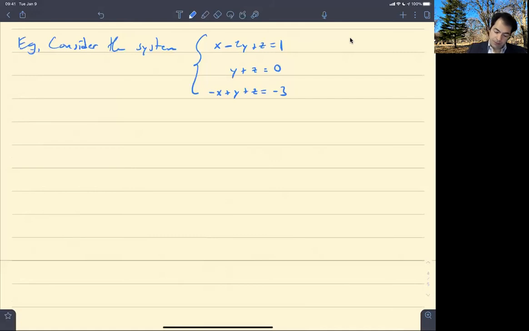Okay, but in this case, we just want to work out an example of how you do a QR decomposition. So in this case, the coefficient matrix is this. Let's label these columns as alpha 1, alpha 2, alpha 3.